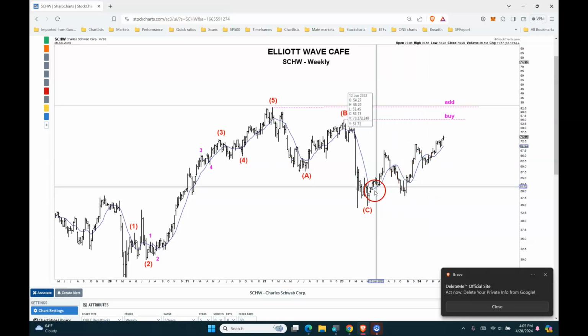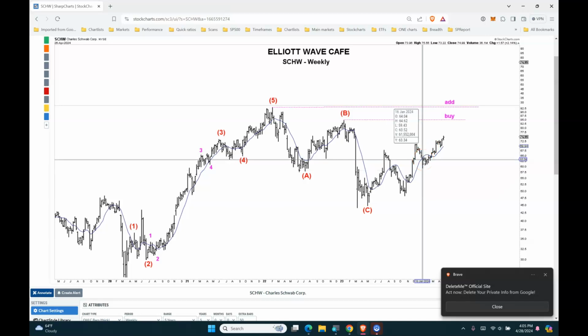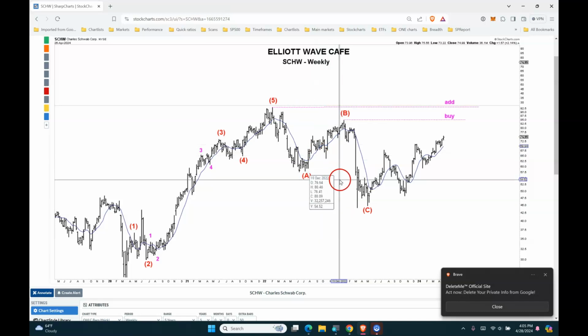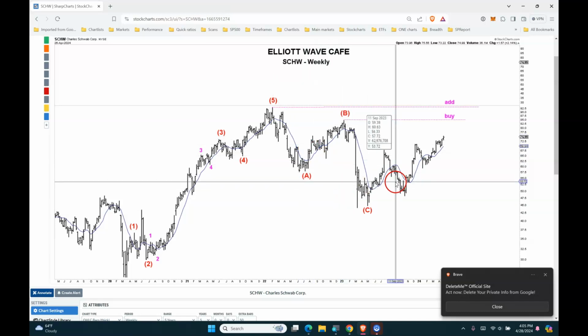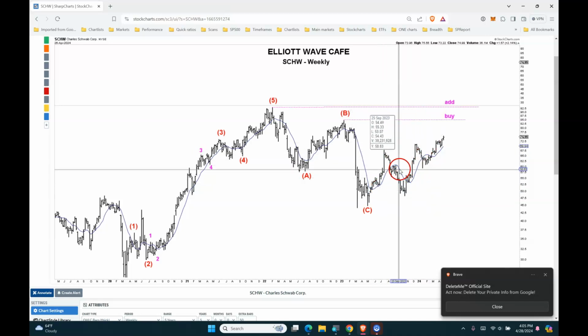So you're making about 10% here, another 15% right there, while continuing to use this ABC as a guide going forward. And in the meantime, the market is making a higher high and a higher low.